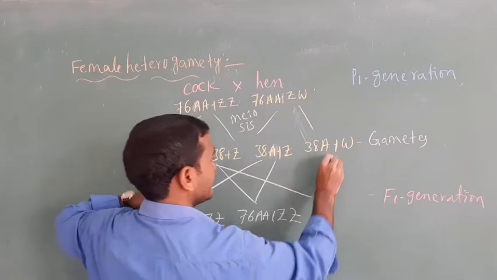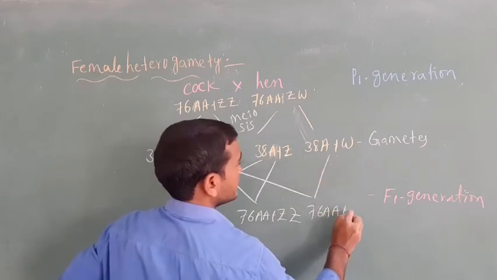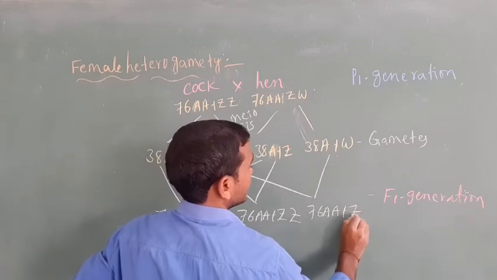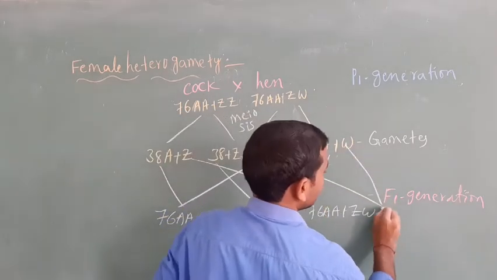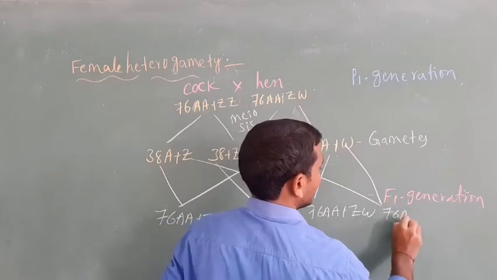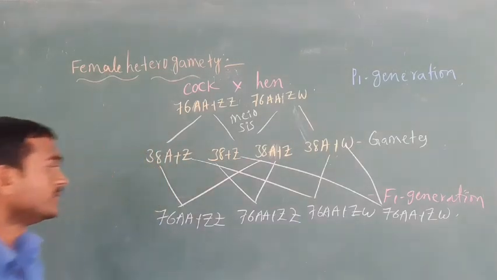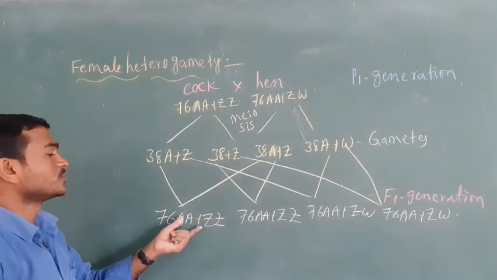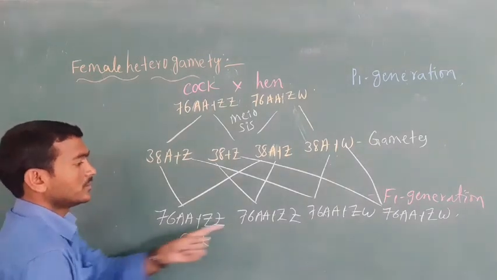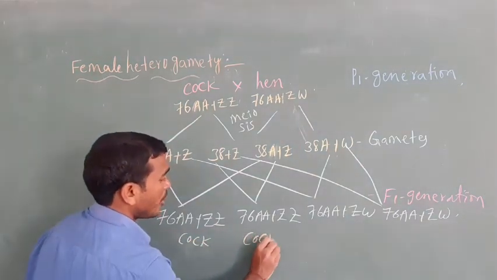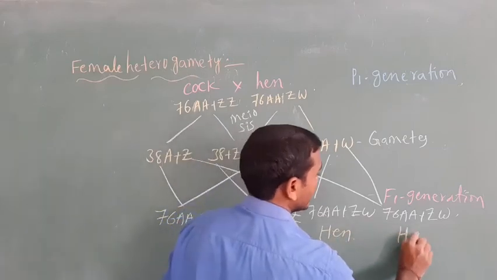Then after that 76 autosomes plus ZW. The 76 autosomes ZZ is the indication of a cock. It is also a cock. This is a hen.